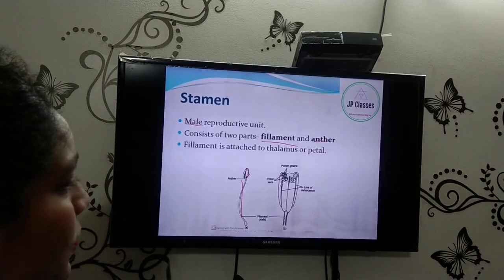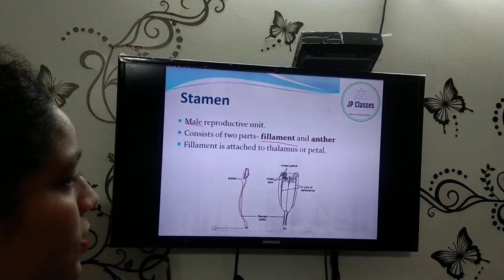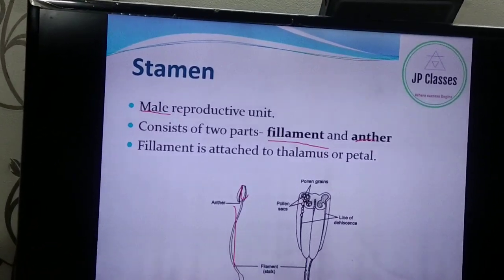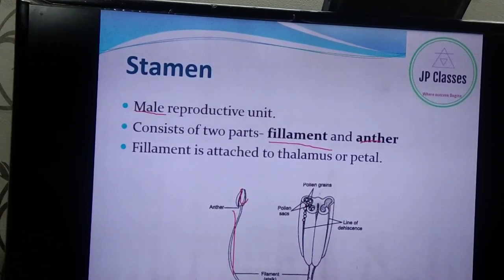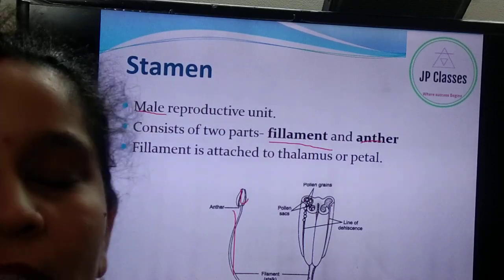Now moving to this one, this is the basic structure, or you can say the transverse section of the anther. I have already told you anther is a bilobed structure. One lobe is this one and second lobe is this one. These two lobes are separated by a group of tissues known as your connective tissues. How can you differentiate that this is the first lobe and this is the second lobe?